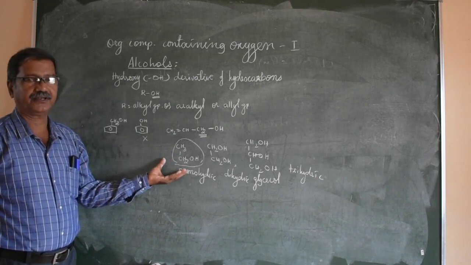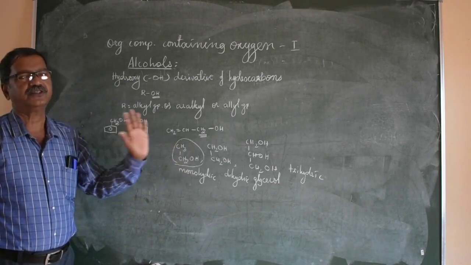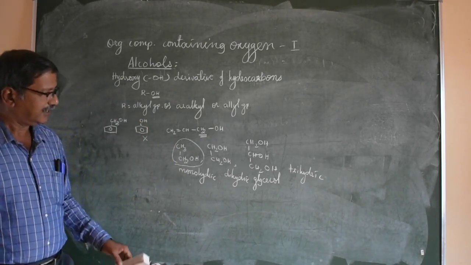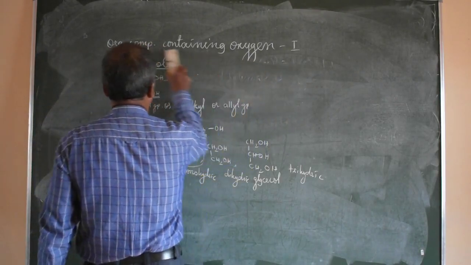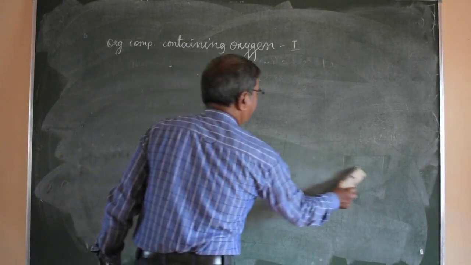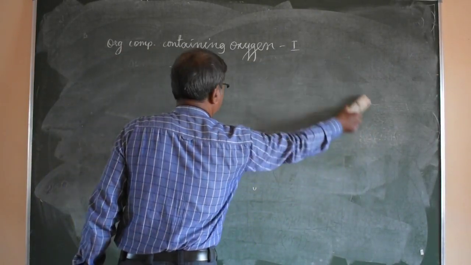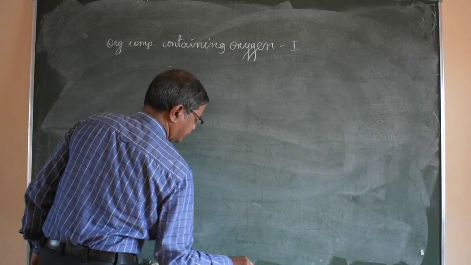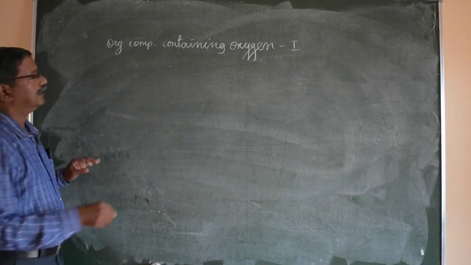Again, in monohydric alcohol we have different types, mainly based on which carbon the OH group is attached to.